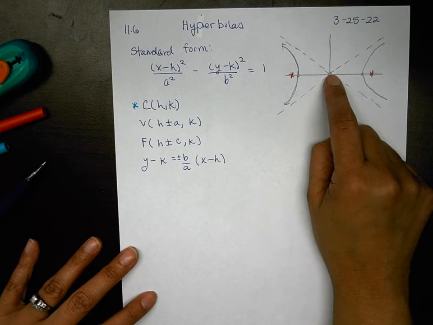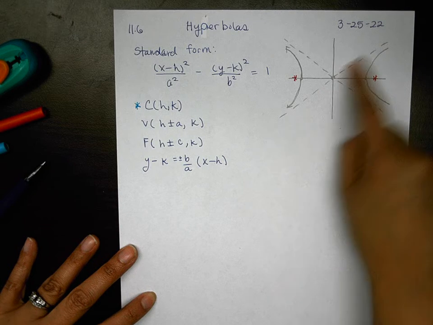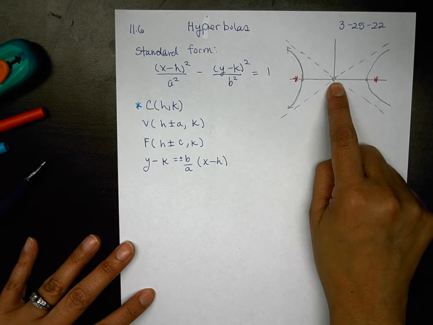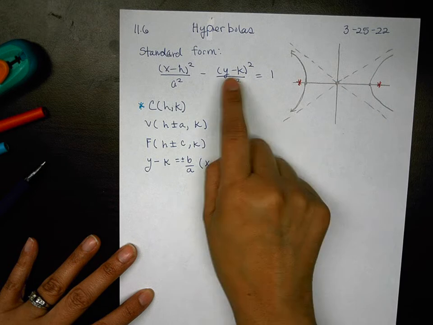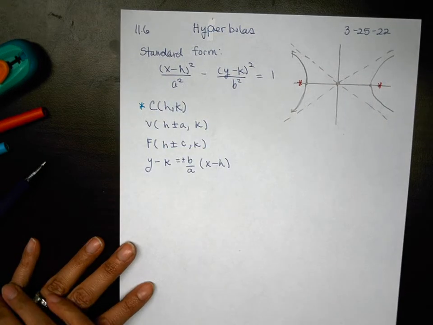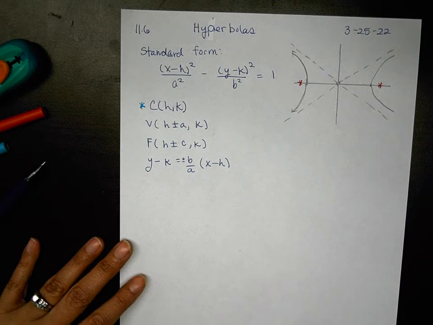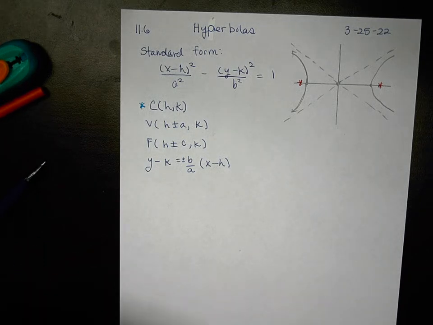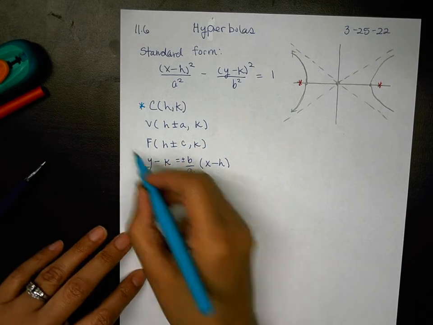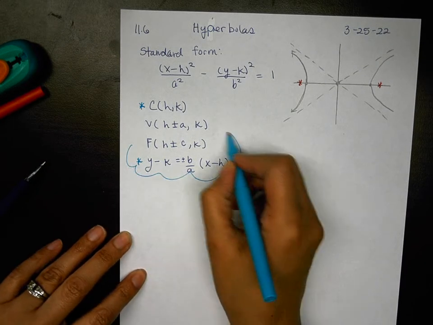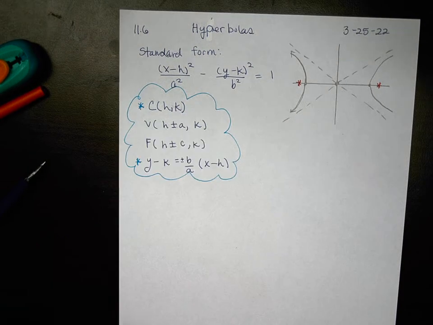Why the center? Because both lines, both asymptotes, cross through the center. So that's the point we're always going to use. The m, the slope, is rise over run, b over a. We'll talk a little more about that in just a little bit. Okay, and this formula here, all of us will always use, regardless if we're visual people or formula people. All right, questions?